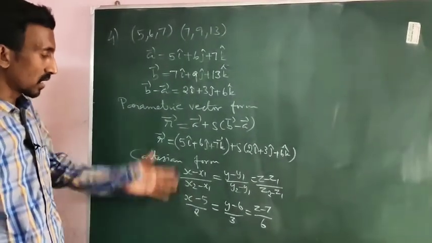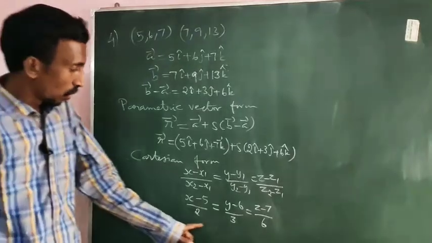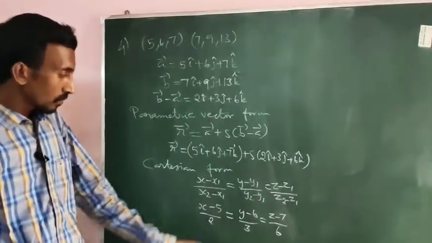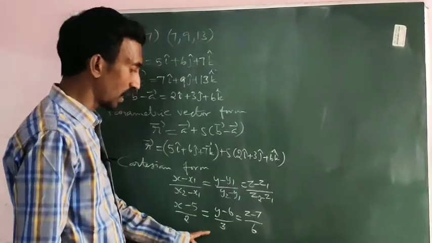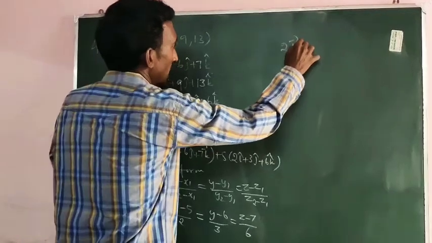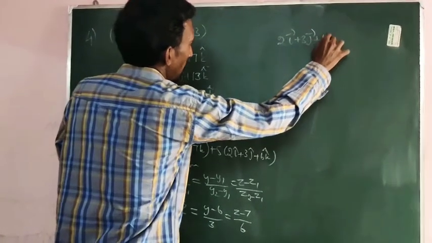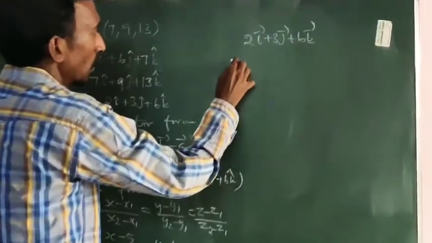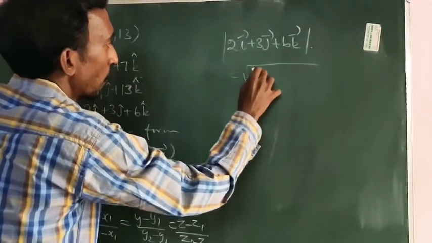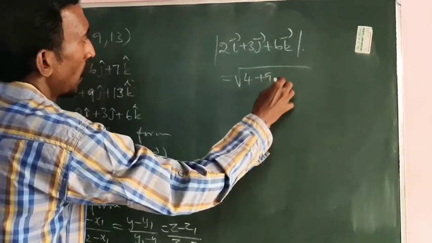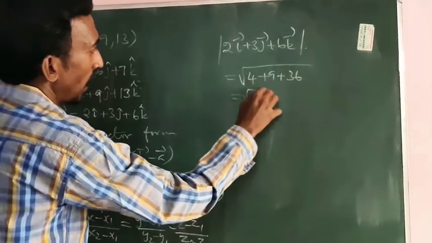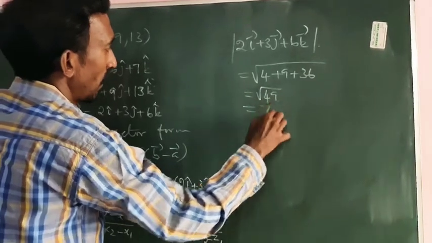Now the first question: what are the DCs? DCs means look at the denominator. What is the magnitude of the denominator? Suppose we assume this is some vector 2i plus 3j plus 6k. What is the magnitude, the modulus value? It equals root of 4 plus 9 plus 36, which is root 49, nothing but 7.